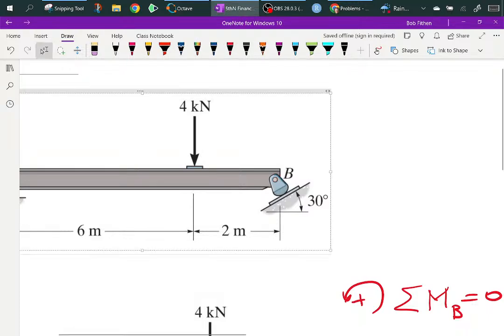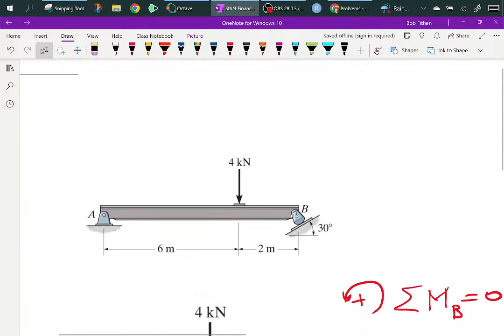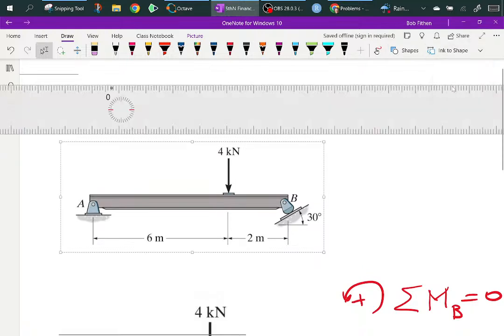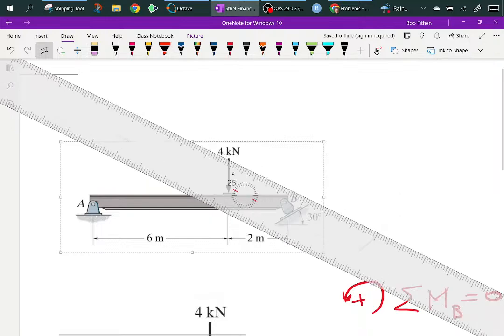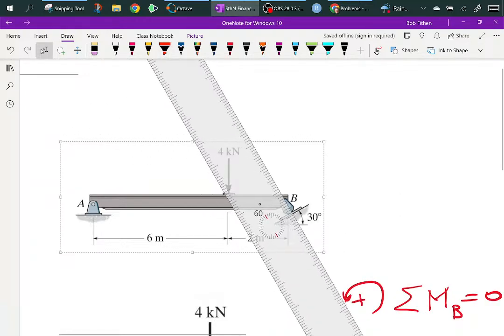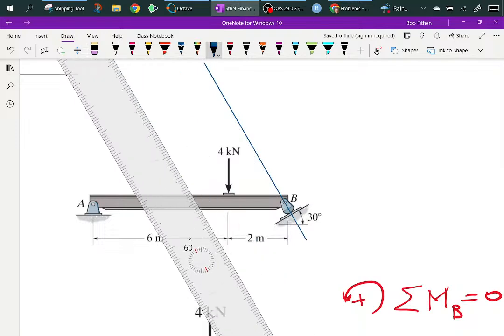I'm going to make this thing a little smaller, move it to maybe right there. I'm going to bring out my ruler. Let's not use that one. Let's use something like that one. Okay, you got that one.